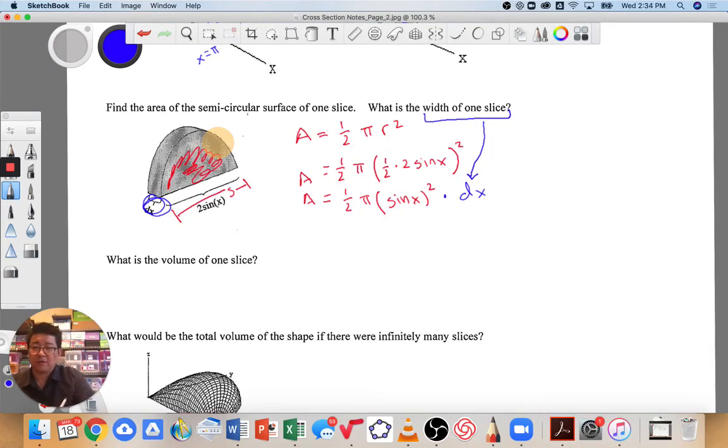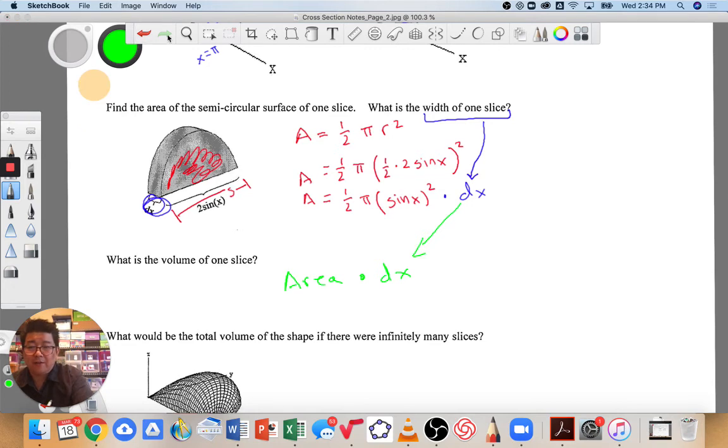So the volume of one slice is the area times dx. That's the goal for a lot of these problems. You figure out the area, you multiply by a little bit of thickness, and you get volume for one slice.